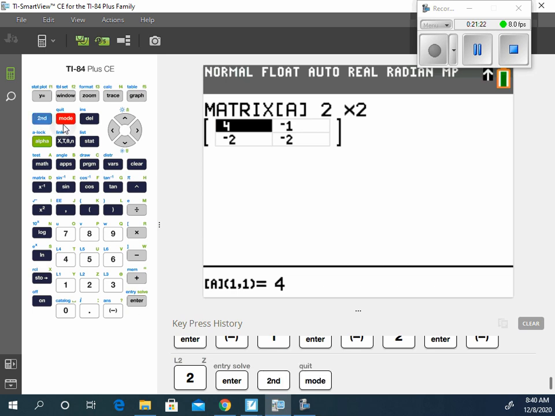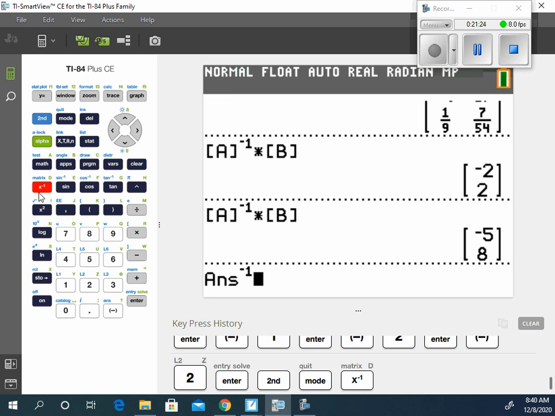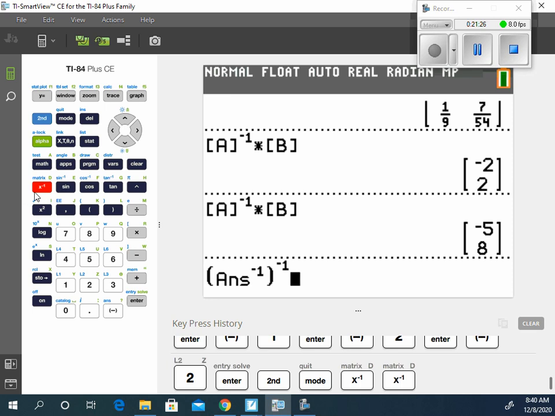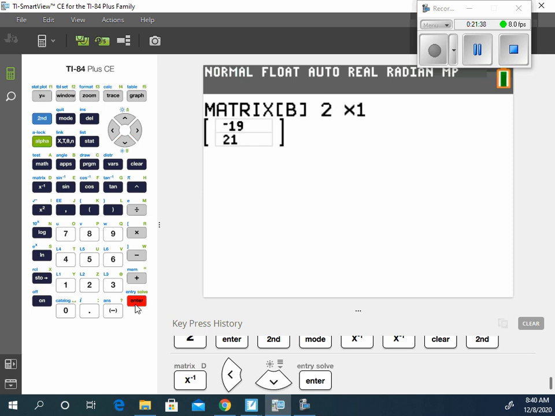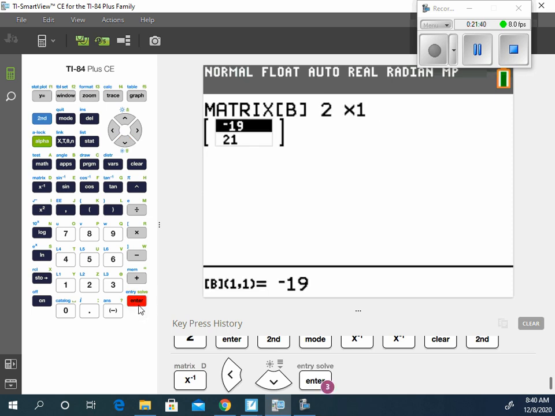Then we go second quit, second matrix. I didn't hit second. And go over and down, edit matrix B, which is still a 2 by 1.